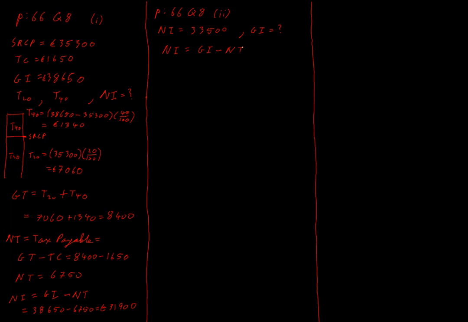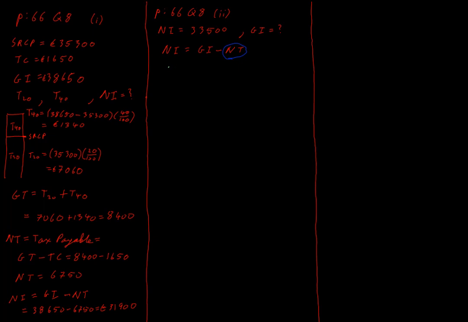But we don't know the net tax now because the amount of money we're earning has changed. The amount of tax we have to pay has also changed. So we don't know our net tax. So what we're going to have to do is find out what our net tax is.